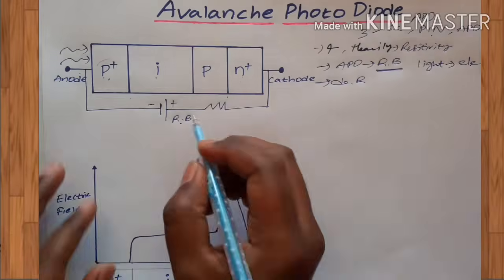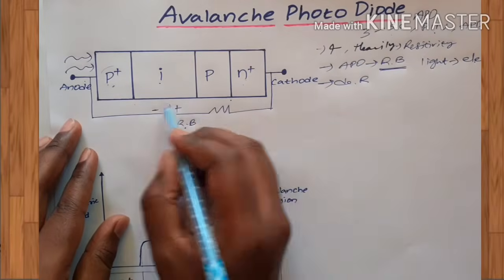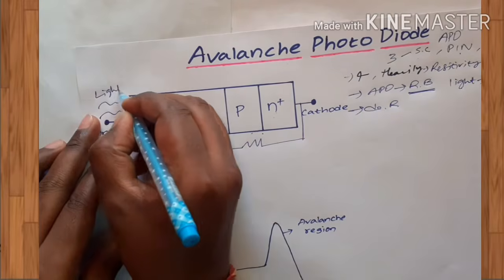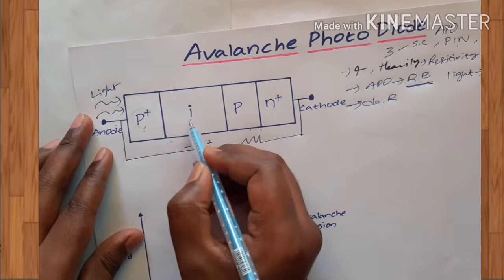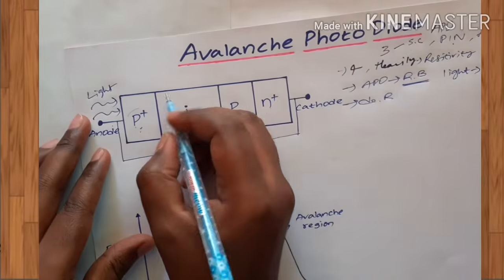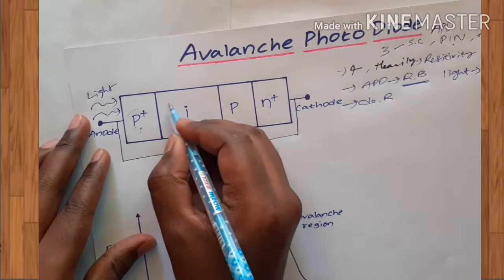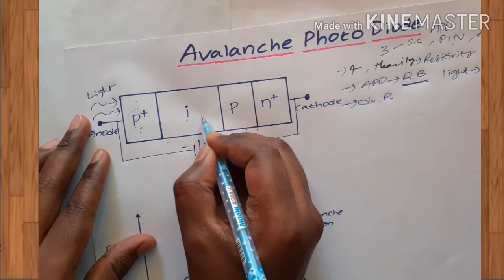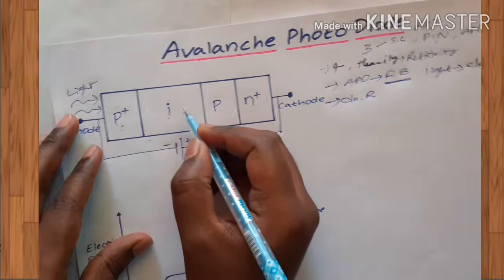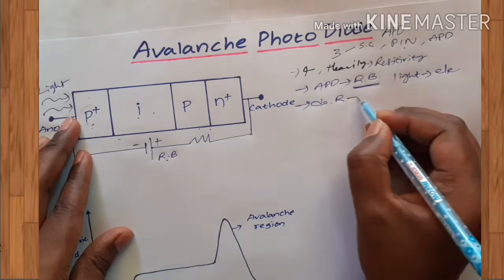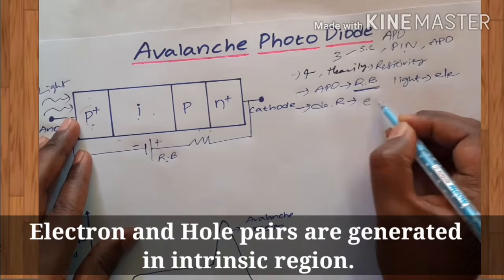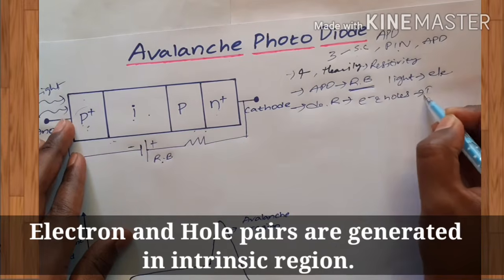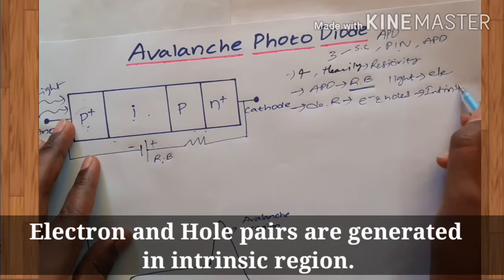Under very large reverse bias the depletion region extends, and the photons entering from the P plus region interact with the semiconductor atoms in the intrinsic region, and because of this interaction electron and hole pairs are generated.